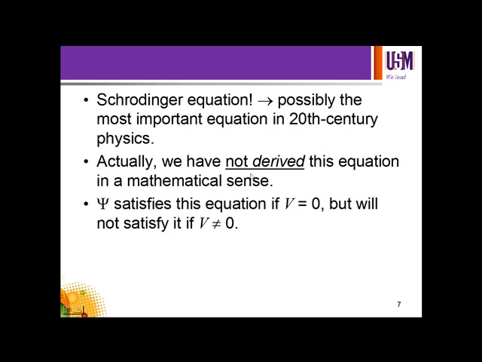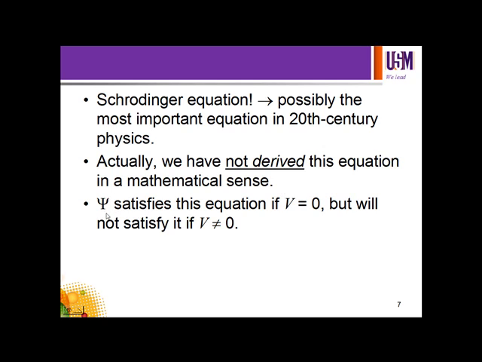So actually we have not derived this equation in a mathematical sense. The idea came that if in classical physics you have total energy as the summation of potential plus kinetic energies, then why not in quantum mechanics?